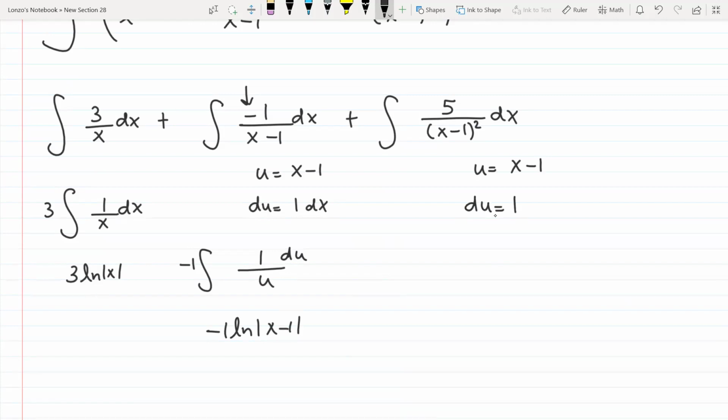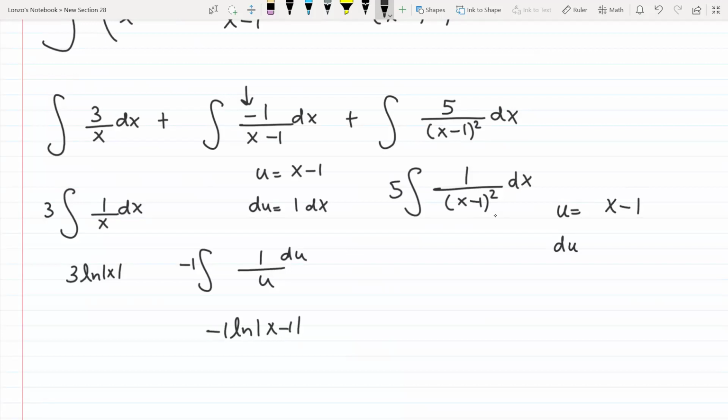Oh, what I could have done first is take out that 5, right? Because 5 is a constant. So it's 1 over x minus 1 squared dx. And my u is going to be x minus 1. My du is 1 dx. So it's going to be 1 over u squared. And then you can replace 1 dx with du.